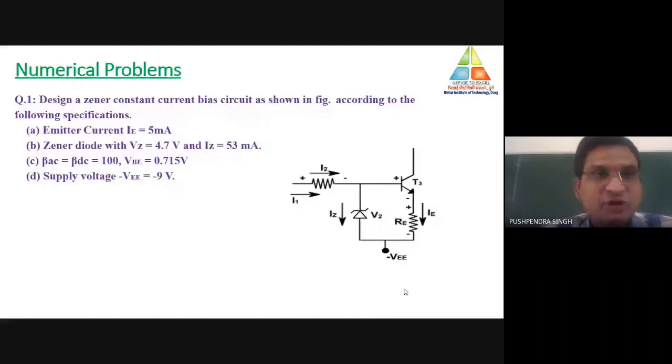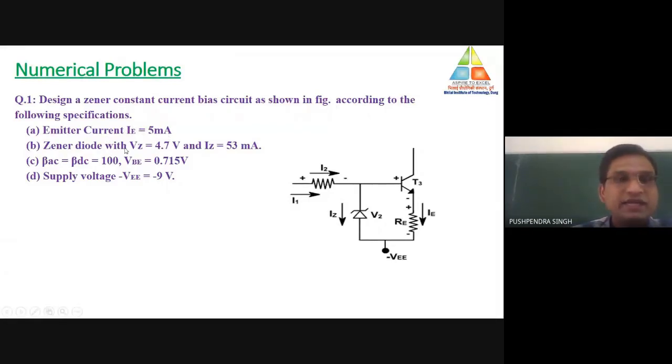So as per this first problem, this question is related to the constant current biasing using Zener diode. We need to design a Zener constant current biasing circuit as shown in the figure according to the following specifications. Here, the value of emitter current is 5 milliampere.